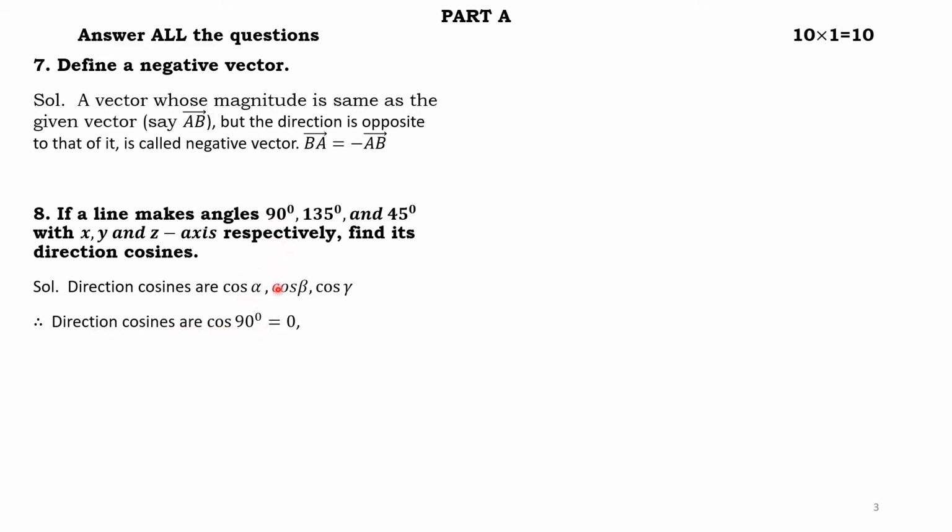From our trigonometric knowledge, cos 90 is 0. Cos 135 is equal to cos of 90 plus 45, that is equal to minus 1 by root 2. And cos 45 is 1 by root 2.